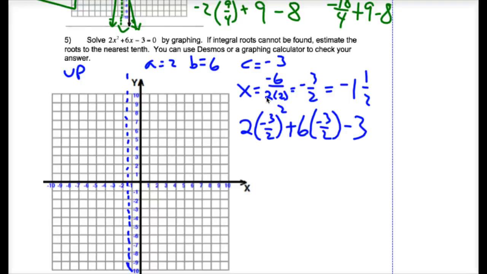Practice typing it in to your calculator. 2 parentheses, -3 over 2 parentheses, x squared plus 6 times parentheses, -3 over 2 parentheses, minus 3. I got 10.5.